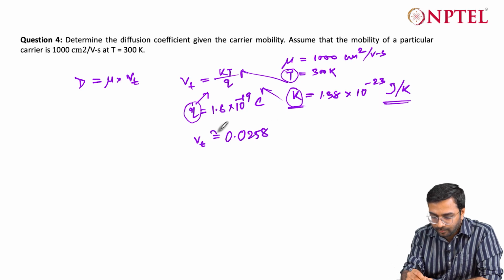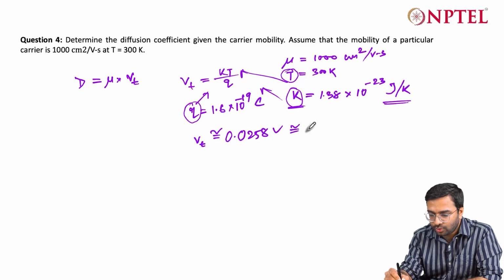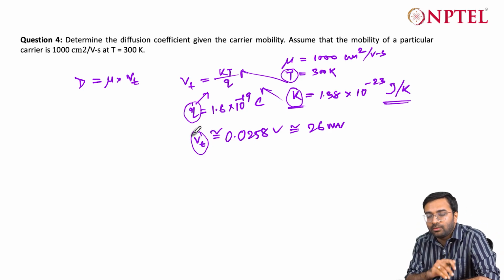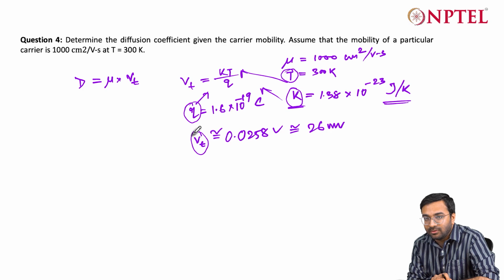Vt is 0.0258 volt, which is close to 26 millivolt. So, please note at T equal to 300 Kelvin, the thermal voltage is close to 26 millivolt.